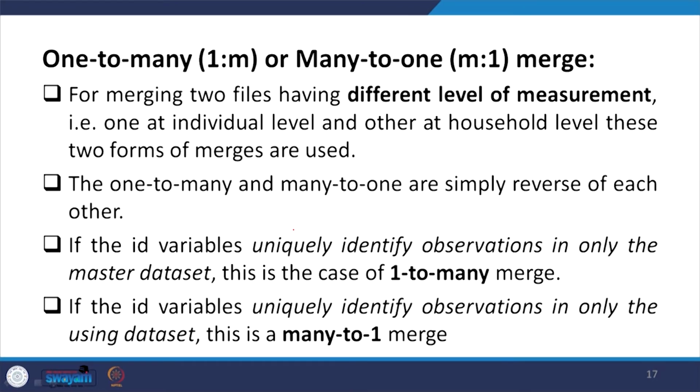One to many and many to one are simply reverse of each other. If the ID variables uniquely identify observations in only the master data set, the data set which we open first and merge another one into, this is the case of one to many merge.